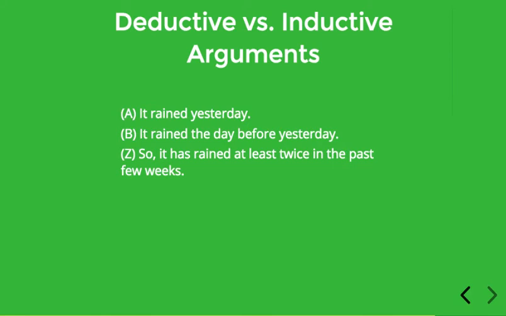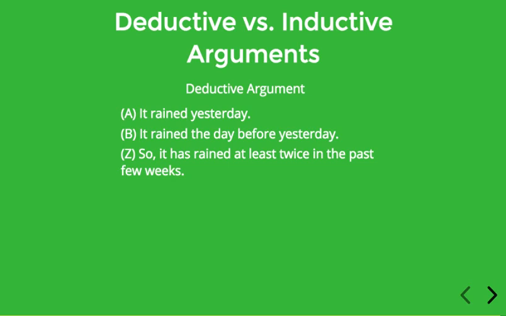Okay, finally, let's look at this one. It rained yesterday, it rained the day before yesterday, so it has rained at least twice in the past few weeks. Here we are dealing with a deductive argument. And why is that? Well, again, the form of the argument is kind of similar. In fact, the first two statements are the same. What makes this a deductive argument? Well, the conclusion has to follow from the premises, right?